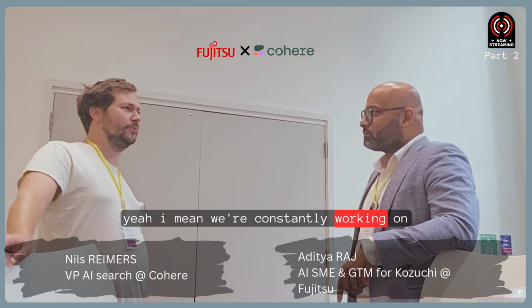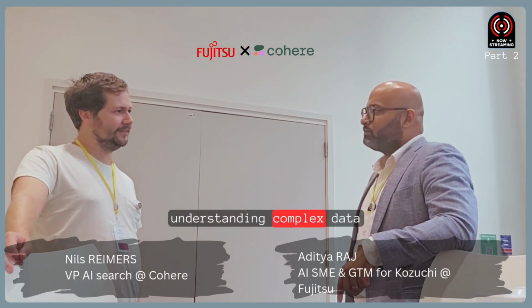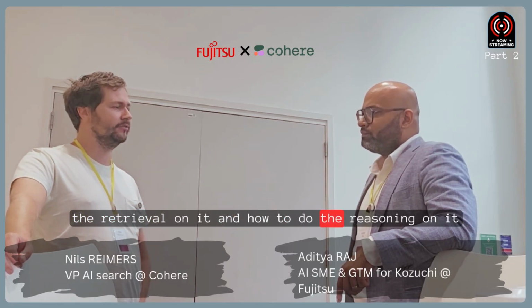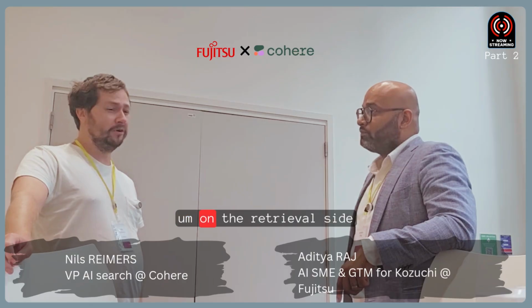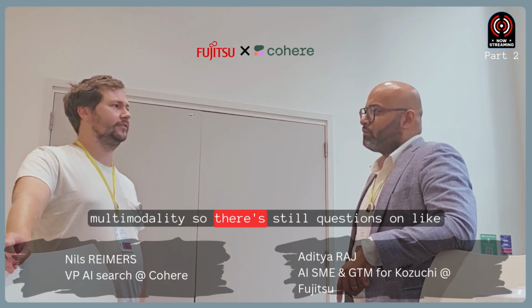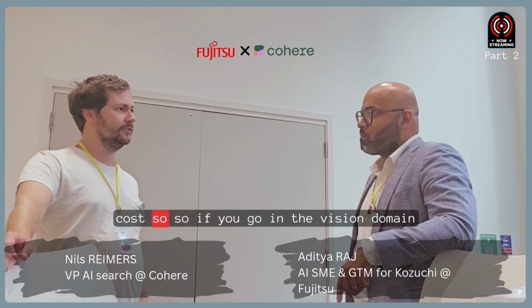I mean, we're constantly working on understanding complex data, how to integrate it, how to do the retrieval on it, and how to do the reasoning on it. On the retrieval side, improving multimodality. There are still questions on cost.